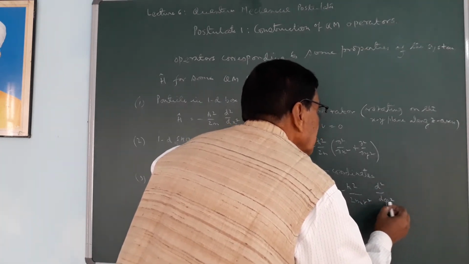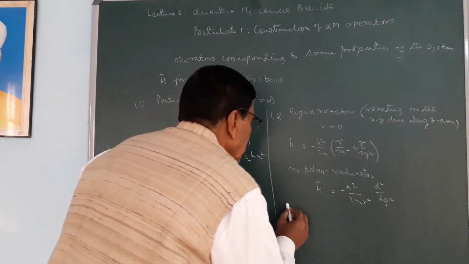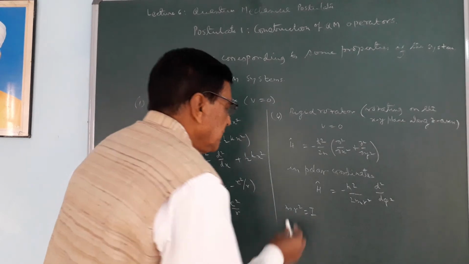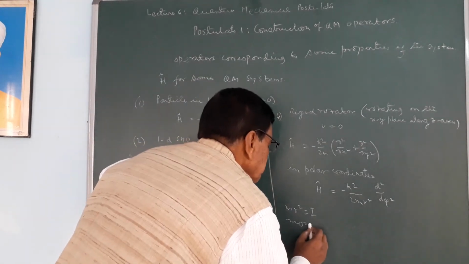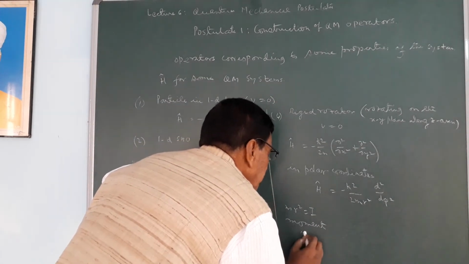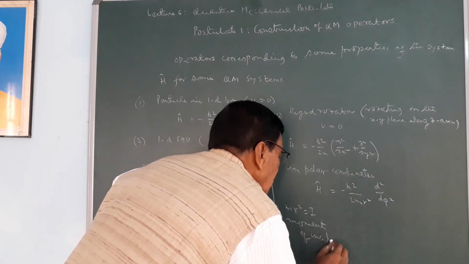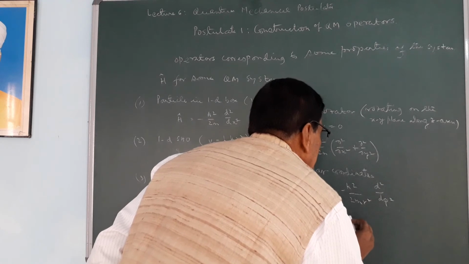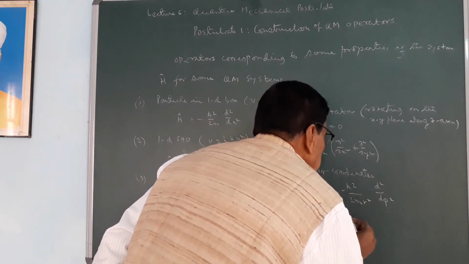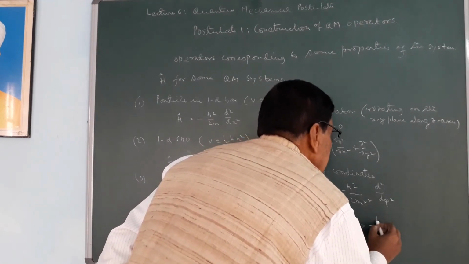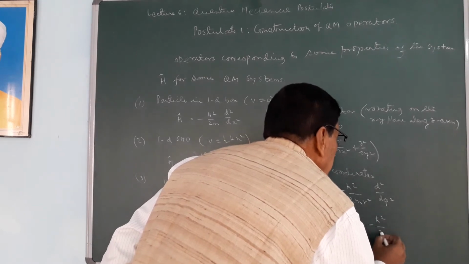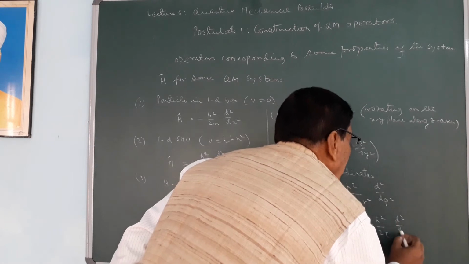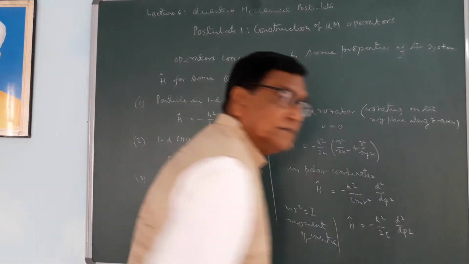Phi is the horizontal angle. We know m r square is equal to the moment of inertia. So it could be written as H cap equal to minus h cross square divided by twice I, d2 by d phi square.